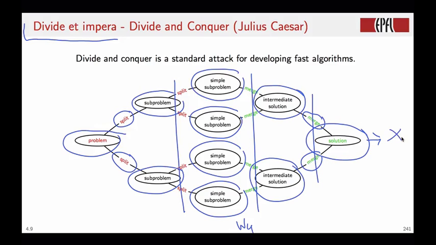In this case, we enter with a vector x, small x. It's a finite dimensional vector, let's say of size n, and you end up with DFT coefficients, which is a finite dimensional vector of size n, which contains the result of the matrix vector multiplication.